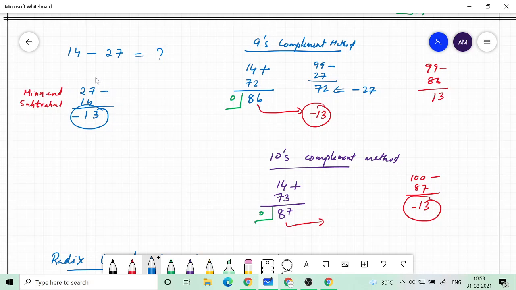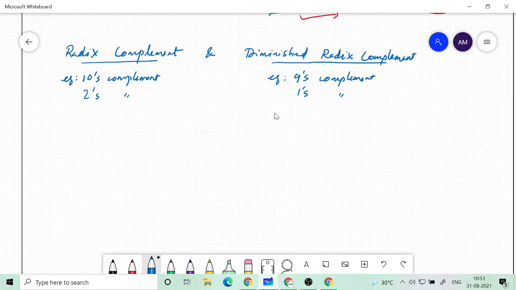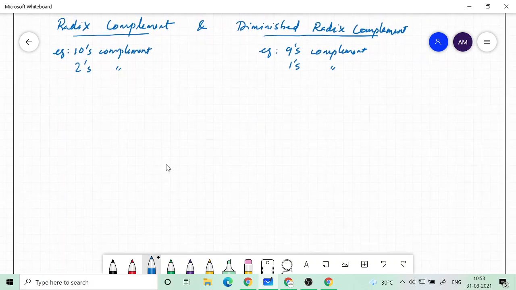But whenever we want to do subtraction, and what we are subtracting, that is the subtrahend, is 27, we have to rewrite it as 14 plus minus 27, and then we need to take the complement form of minus 27. So in 9's complement and 10's complement this involves subtracting from 99 and then finding the answer. But when you go to the binary system, the corresponding 2's complement and 1's complement, we don't require that subtraction operation, and that's what we are going to see.